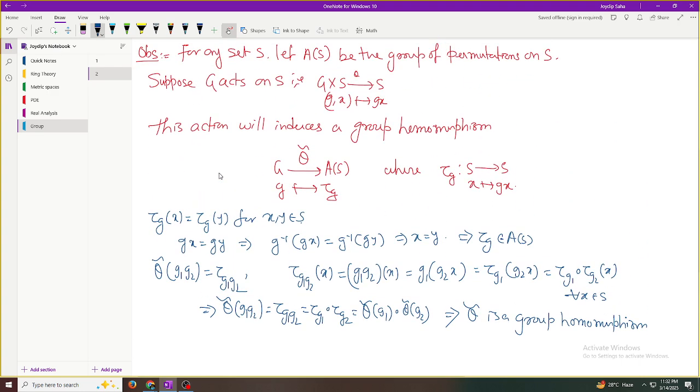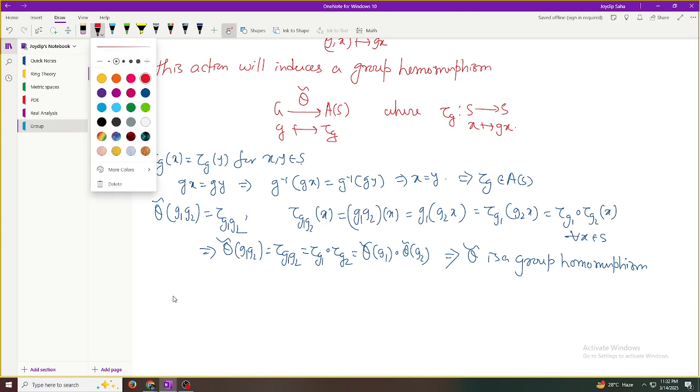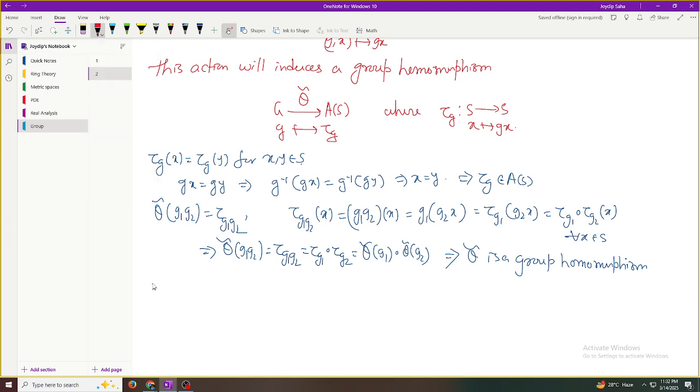Now I want a particular action. Take S equals G and theta is the usual group operation.